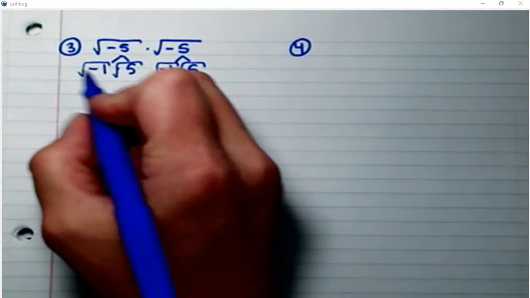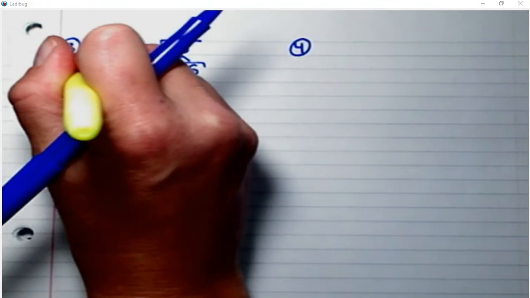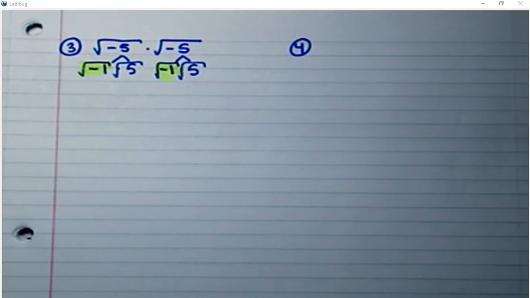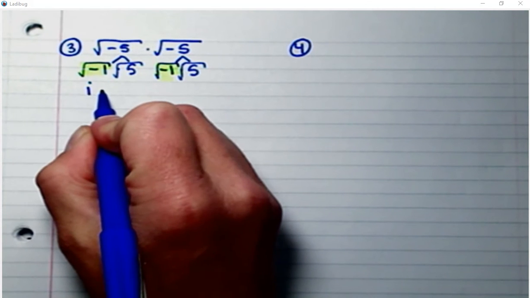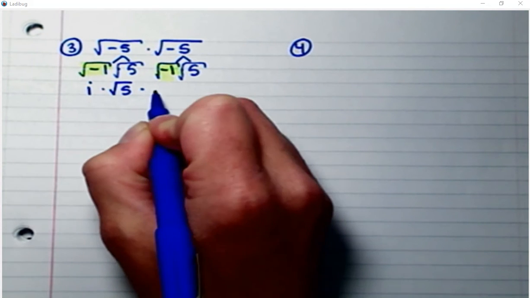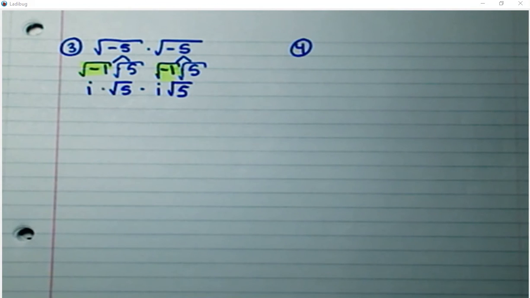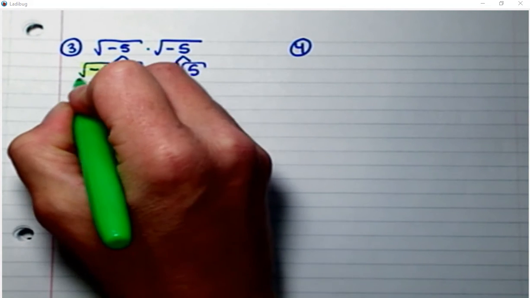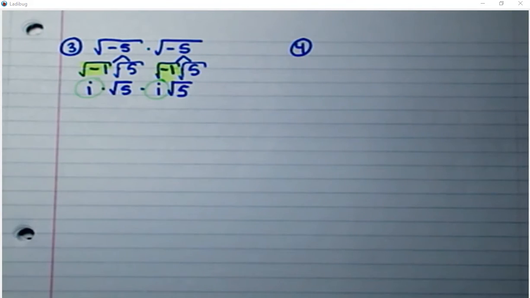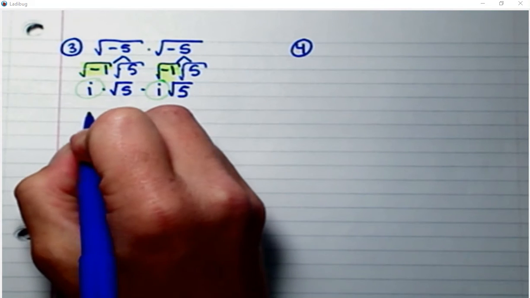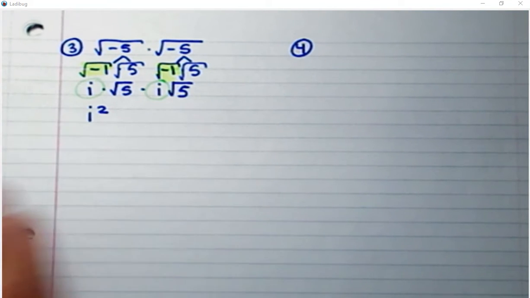So this simplifies like this. And so this is i root 5, i root 5. As I'm looking at this, Jane said, why can't I just multiply these things together? You can, however, I've got i times i. So multiplying these things out front, which is i squared.